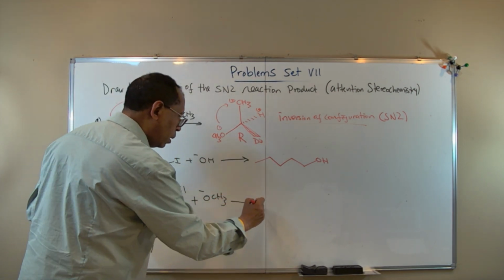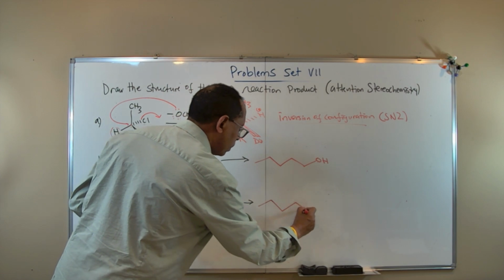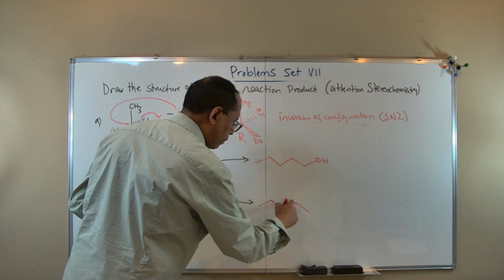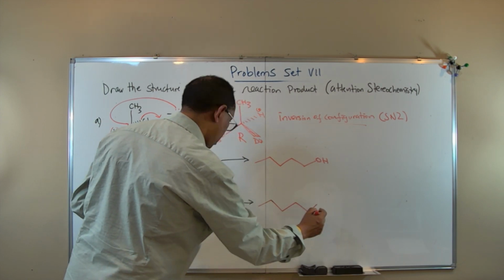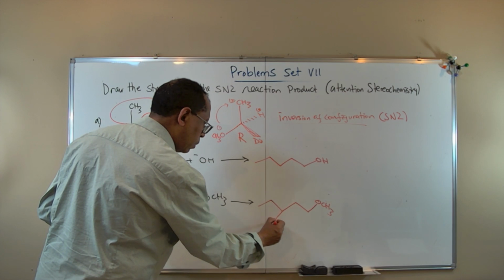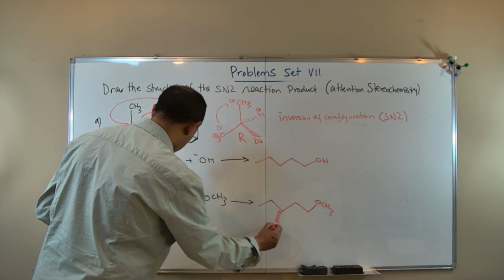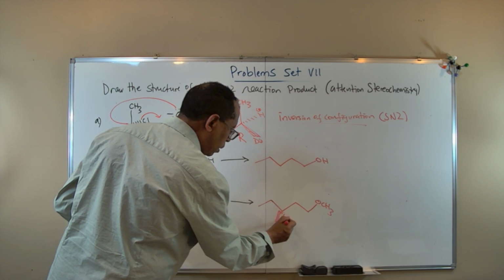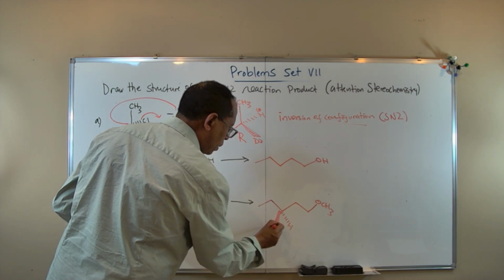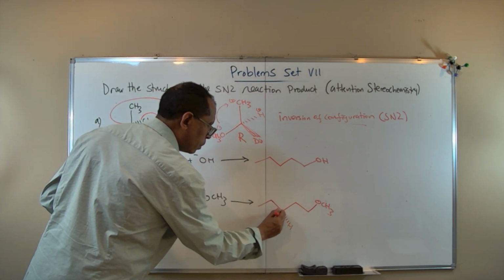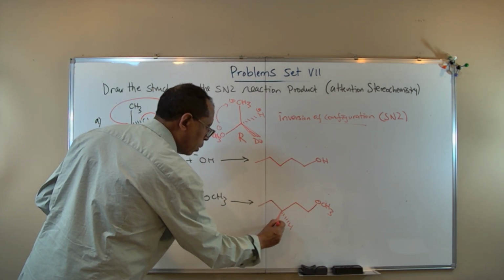So here we have 1, 2, 3, 4, 5. So this is the product, but here you should write exactly how it was. That's the methyl group, and this is the hydrogen. Okay, this is carbon, CH3.